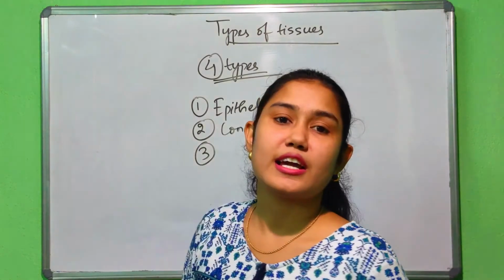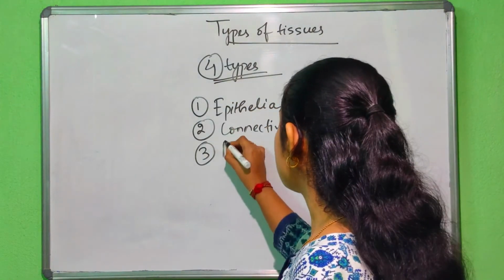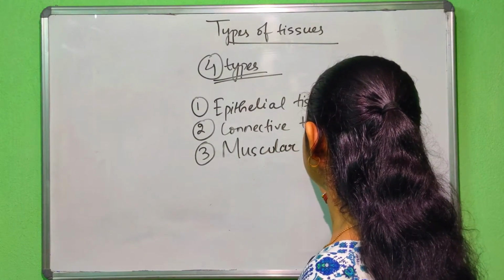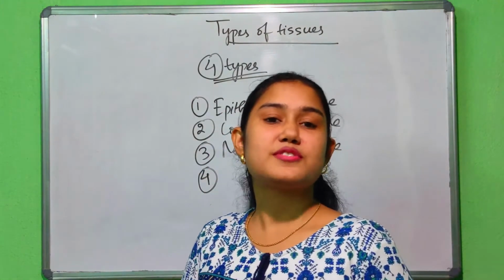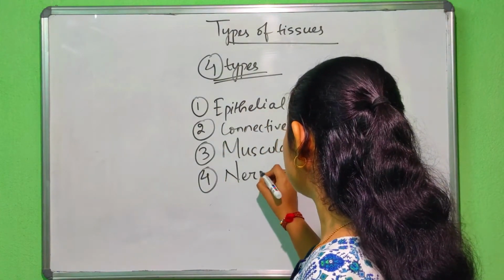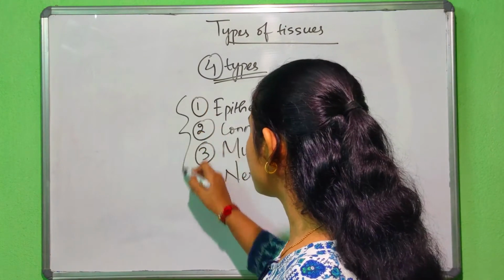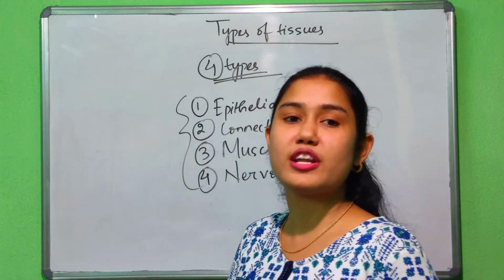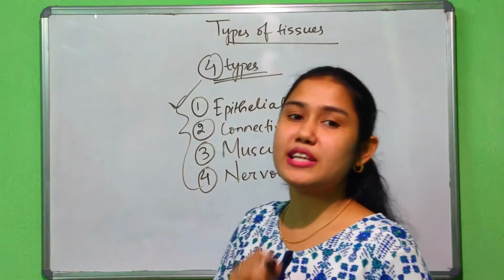Another one is there for movement as well as locomotion, and it is known as the muscular tissue. The last one is there for transmission of signals across the body, and this type is known as the nervous tissue. All these tissues perform essential work of the body. Today we are going to discuss the epithelial tissue.